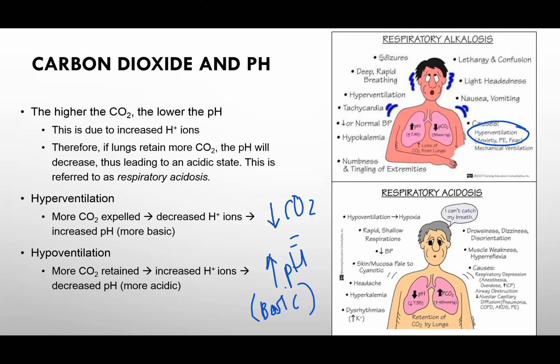If they set the rate too high, then the person can also experience what's called respiratory alkalosis. Alkaline means basic, okay, which means increased pH.